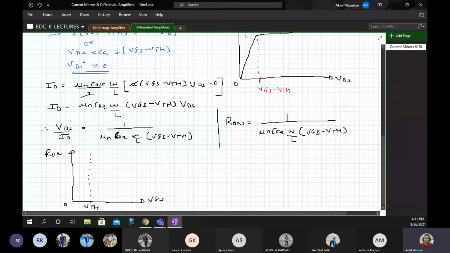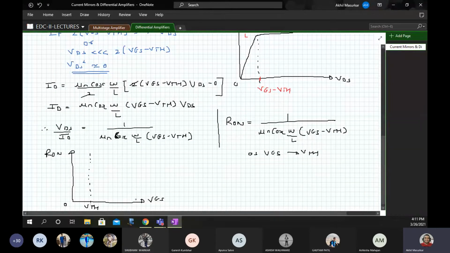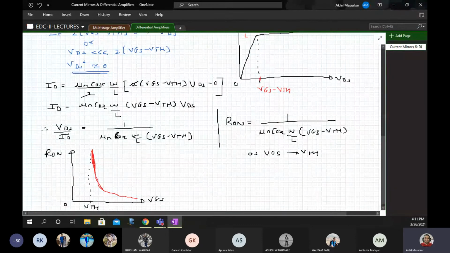As VGS tends to VTH, your R on is going to increase, and when VGS becomes equal to VTH, R on will become infinity. So this is going to be the curve that you should get. Something like this.